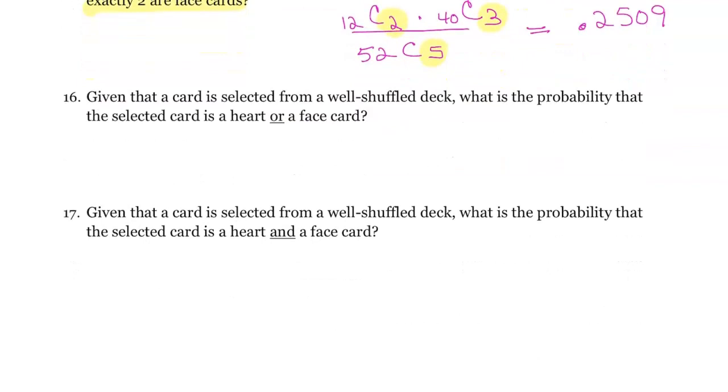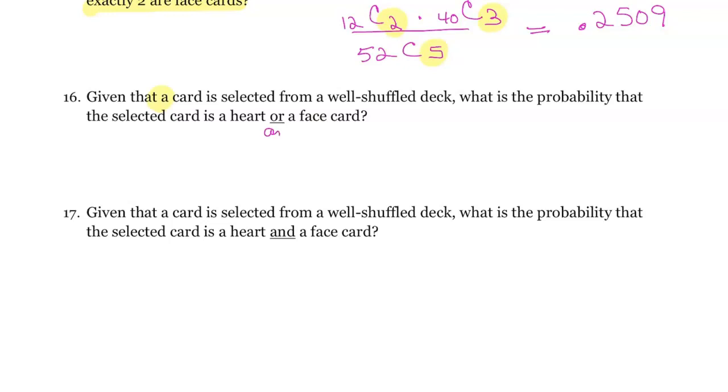16. Given that a card is selected from a well-shuffled deck, what is the probability that the selected card is a heart or a face card? So the word "or" is there.